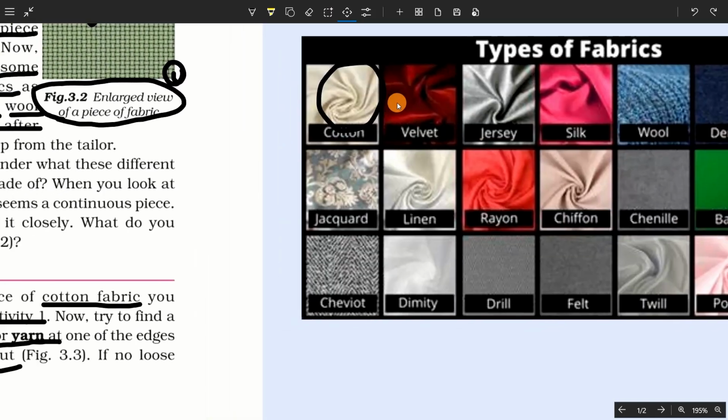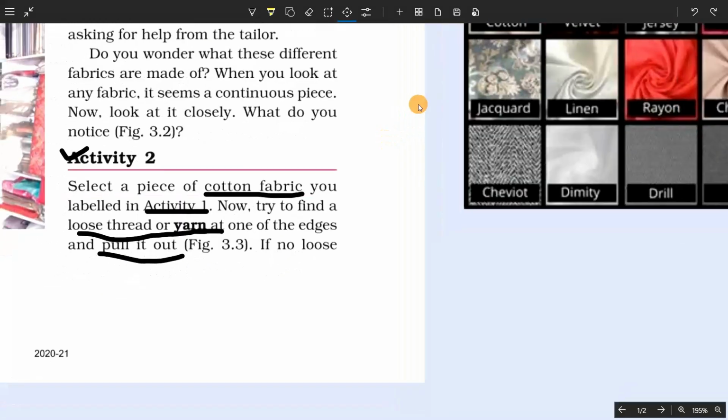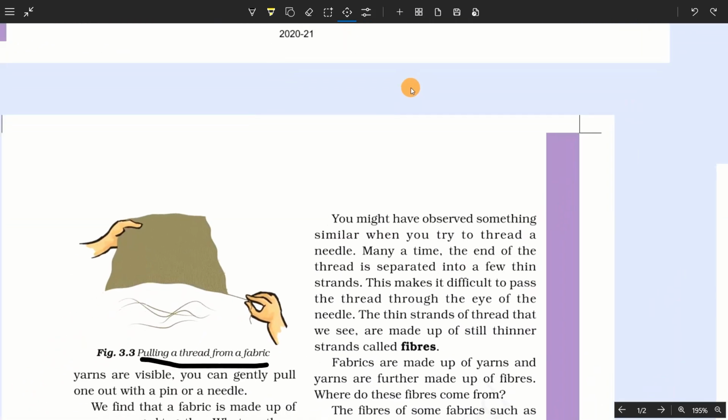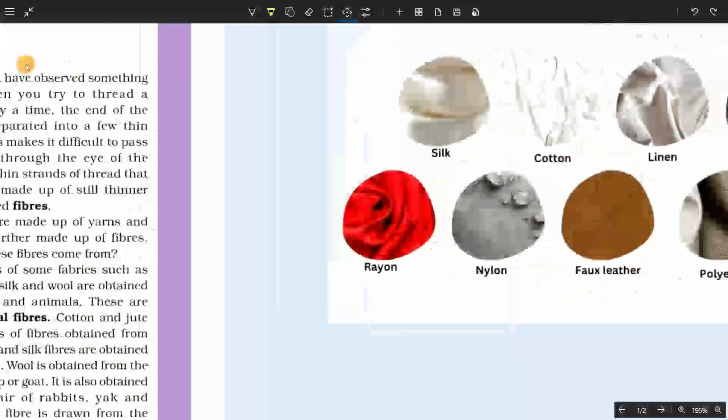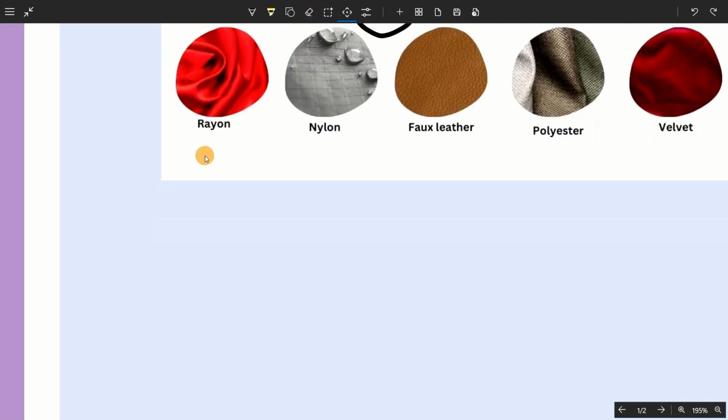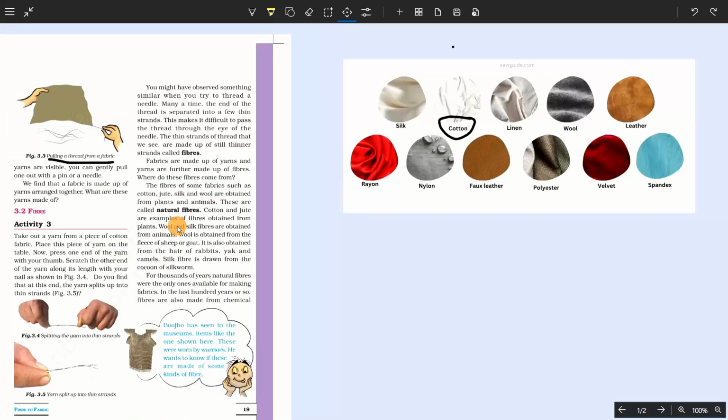Okay. After taking cotton, I will take a cotton piece which I have collected from activity 1. At the corner of this piece, here you can also see a white cotton cloth. This I will take. You can take other linen, wool, leather, silk, nylon, whichever you like.